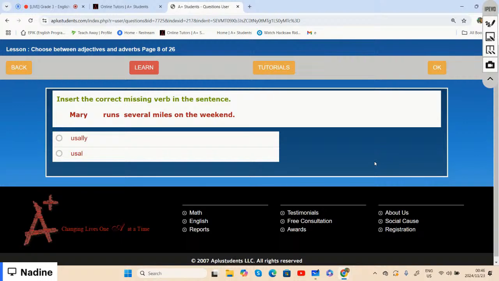And then the last one says, Mary, do we say usually runs several miles on the weekend? Or do we say Mary usual runs several miles on a weekend?